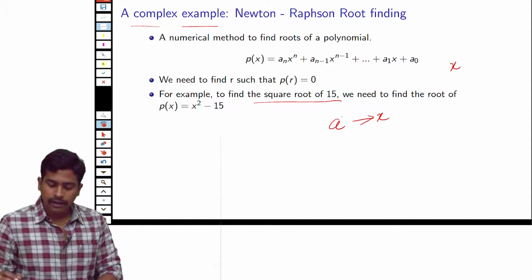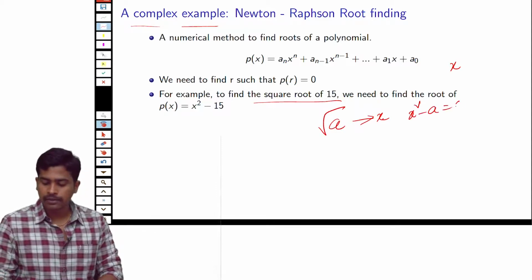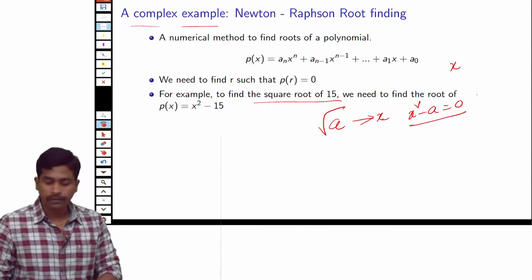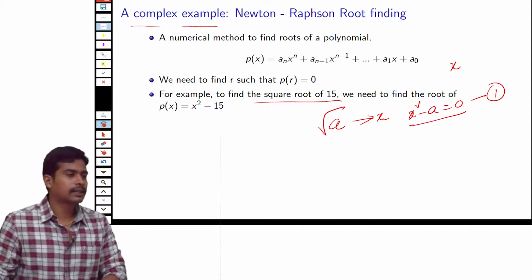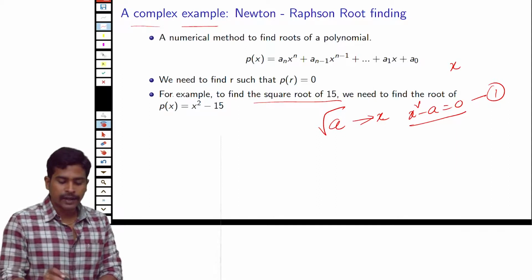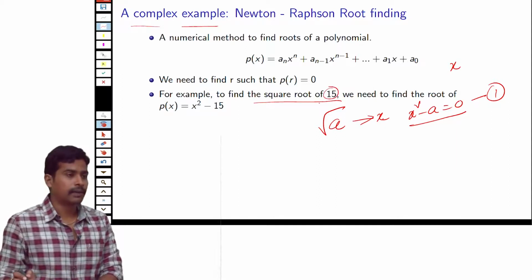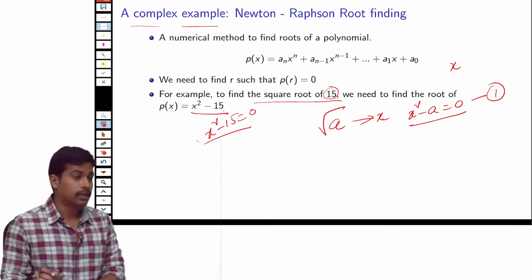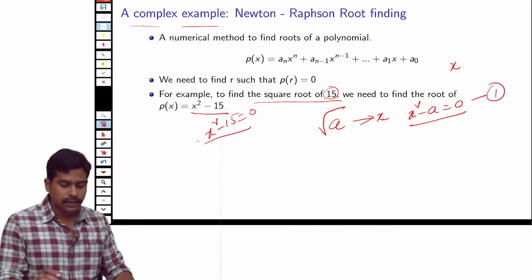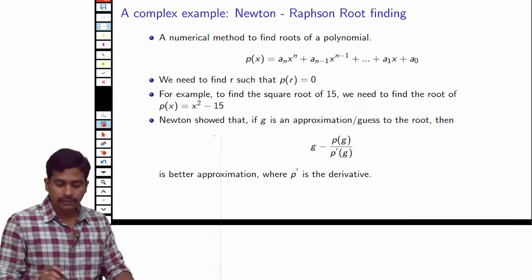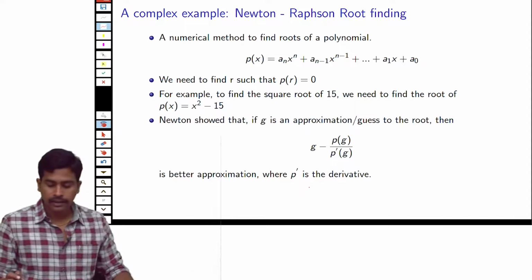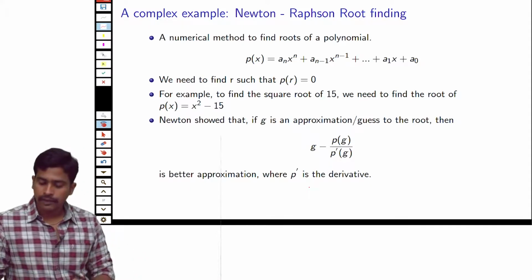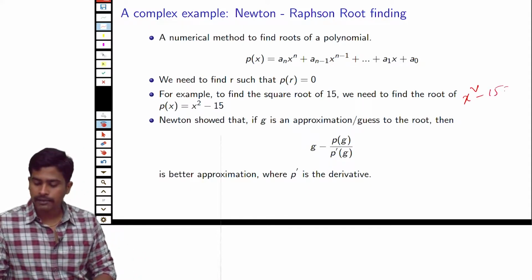So if square root of a is x, then x square minus a is going to be 0, right. So we are using this principle to calculate the square root of a number. So for example if you want to calculate the square root of the number 15, we have to solve this polynomial x square minus 15 equals 0, okay.